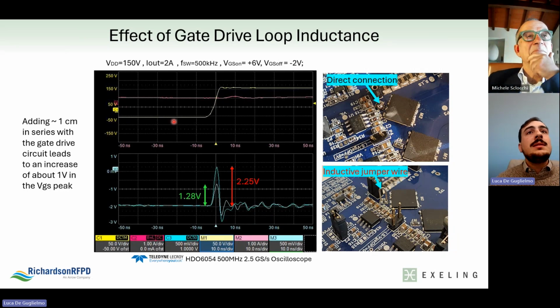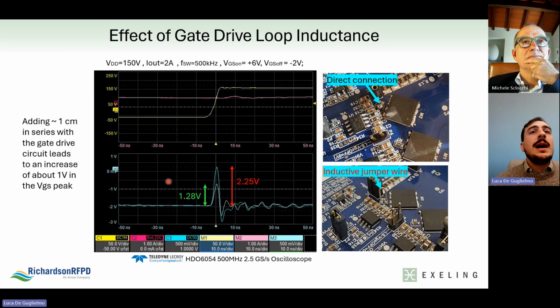The top trace shows the switching node, and the bottom trace shows the gate of the low side GaN transistor. On the switching node, we have a dv/dt of about 50 volt per nanoseconds and a spike of 1.28 volts with the current layout.